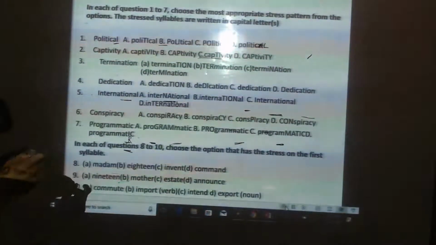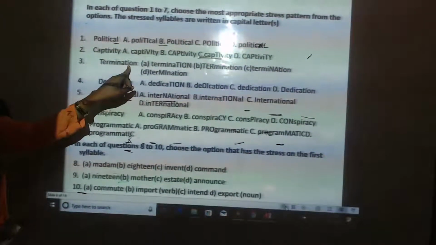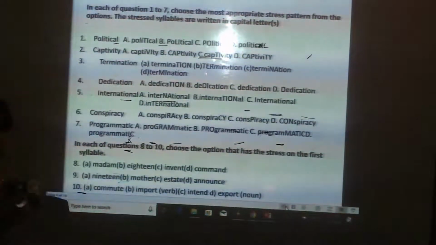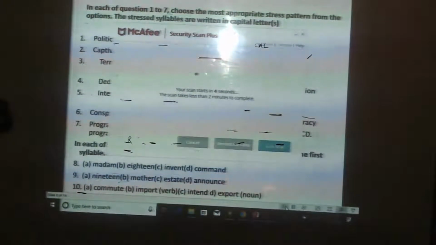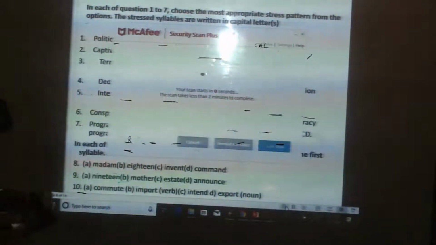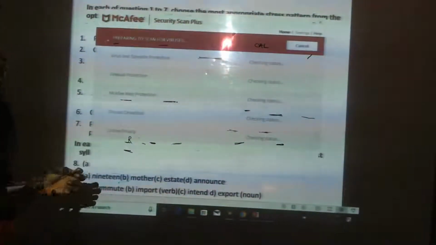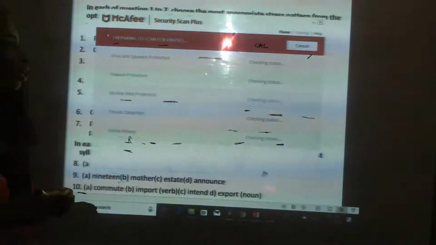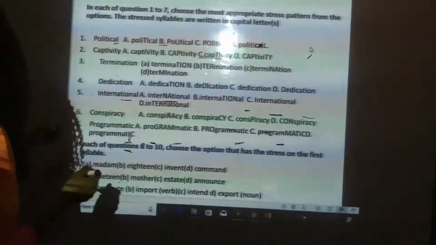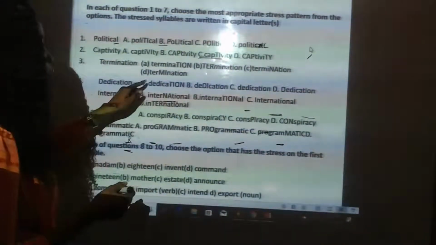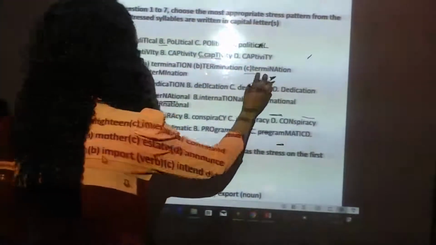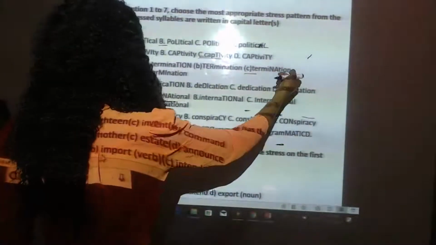Number 3, we have termination. And we said that any word that ends with shun should be stressed at where? Second to the last. So for termination, the answer will be on nay, which happens to be option C, termination, second to the last syllable.